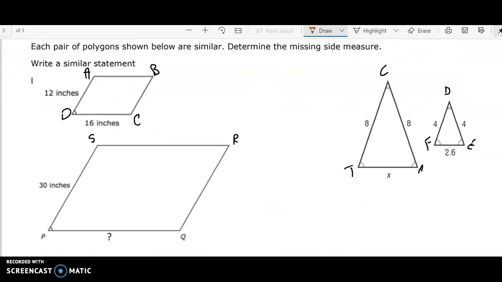Okay, next example. I'm going to have to look at this, and I'm going to see that they're not flipped. And also notice this little moniker right here.